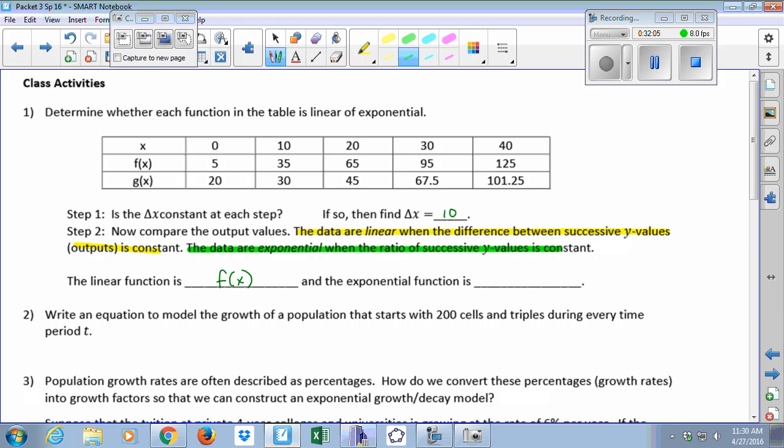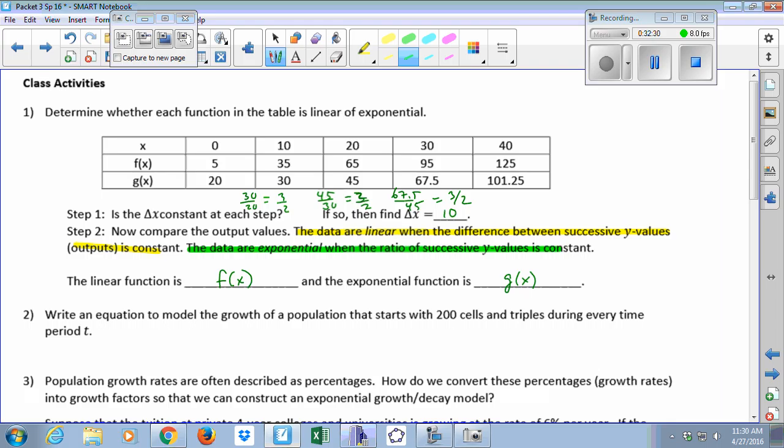What I heard you talking about is that in g of x, the ratio between successive values of g of x was 3 to 2. So the ratio was constant between consecutive values if we go throughout this whole table. So g of x is the exponential function.